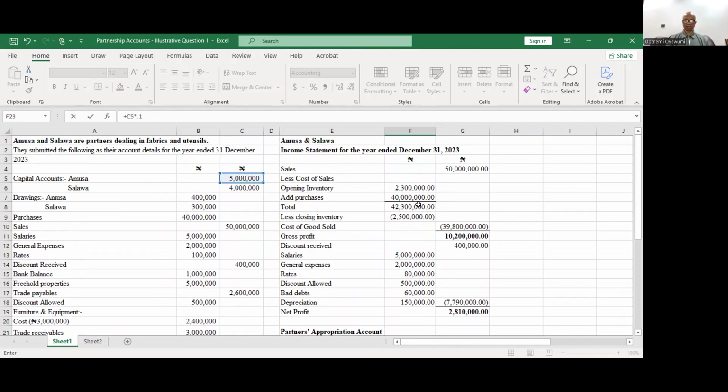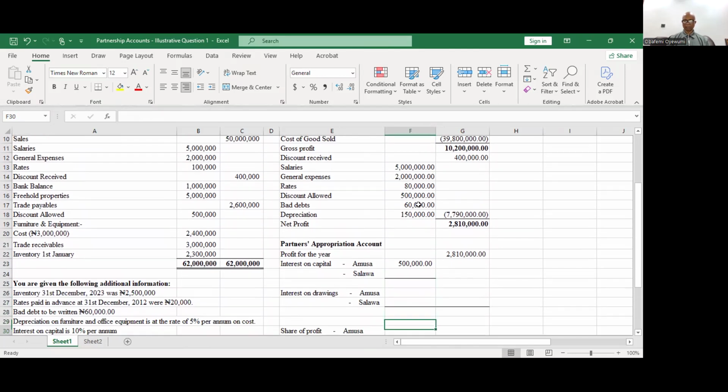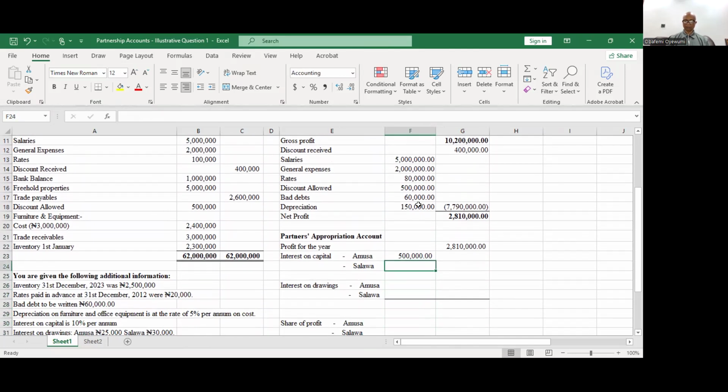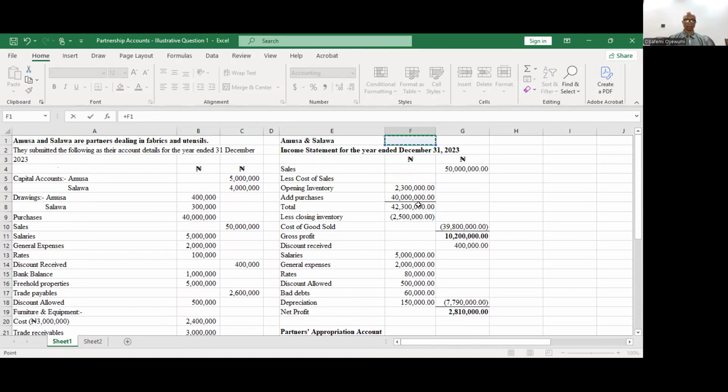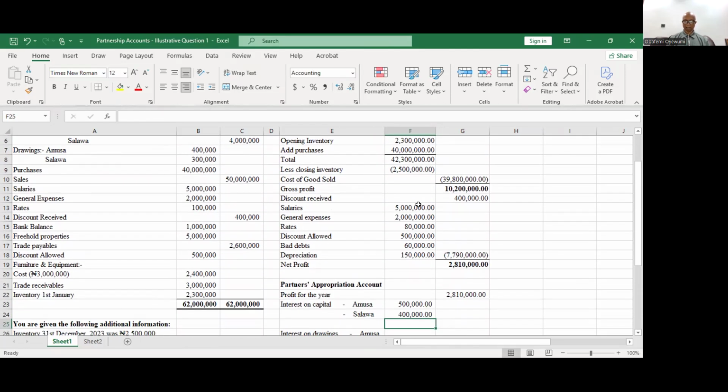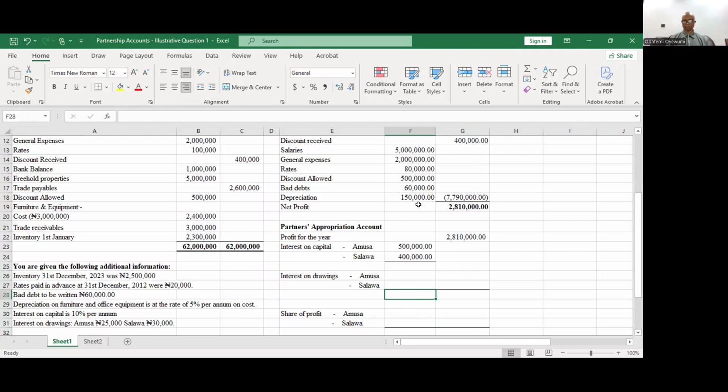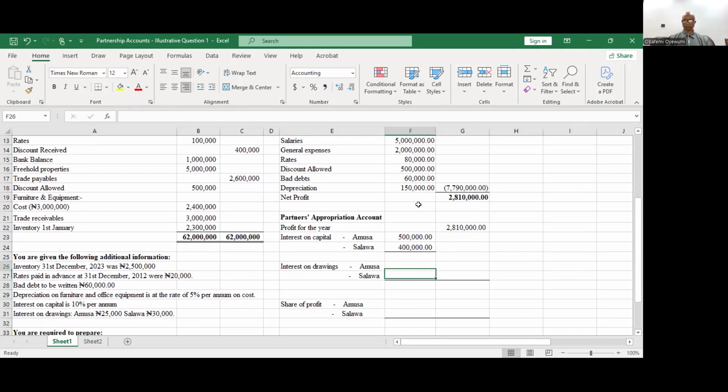So times 0.1, that's 500,000. The same thing for Salawa. We move up to check the amount, and then times 0.1, that's 10%. So we calculate everything together to have the figure to use. That's 900,000.